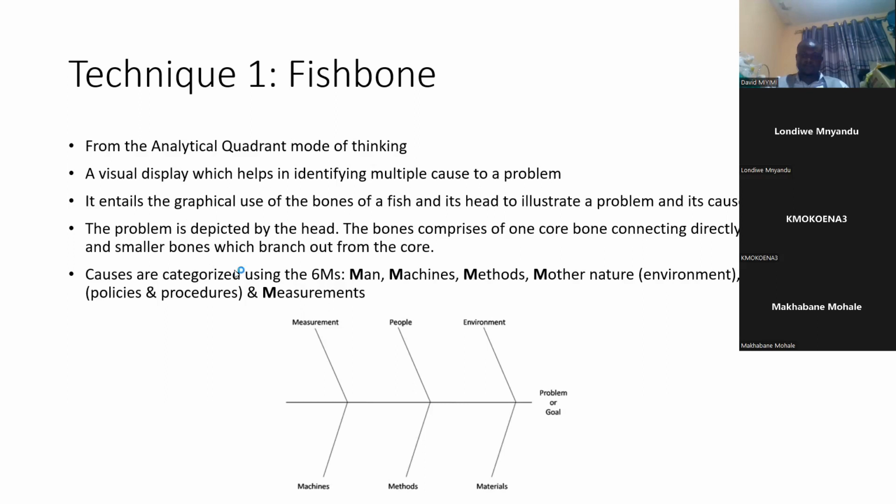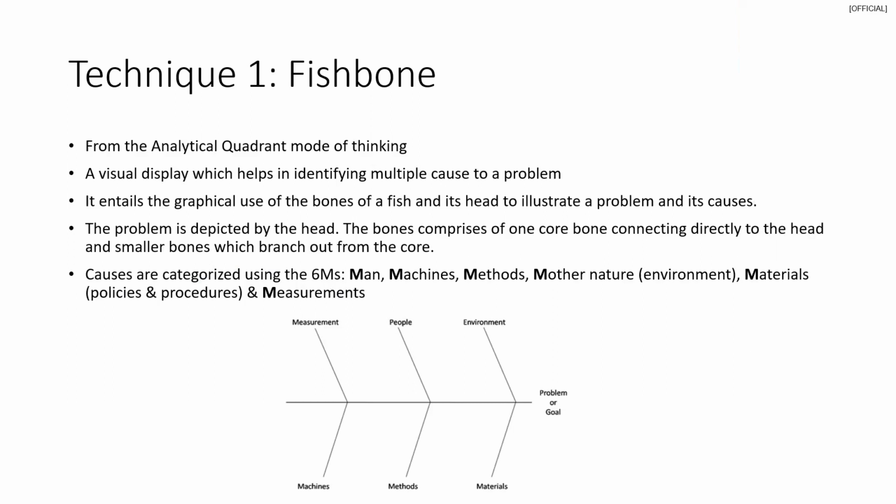And then the causes are categorized using 6 M's. So this is basically an easy way of remembering the different categories in which you can classify the different causes, right? So it will be your men, referring to people. Some people can just directly show it as people, but for the ease of remembering which categories, you can use all M's.